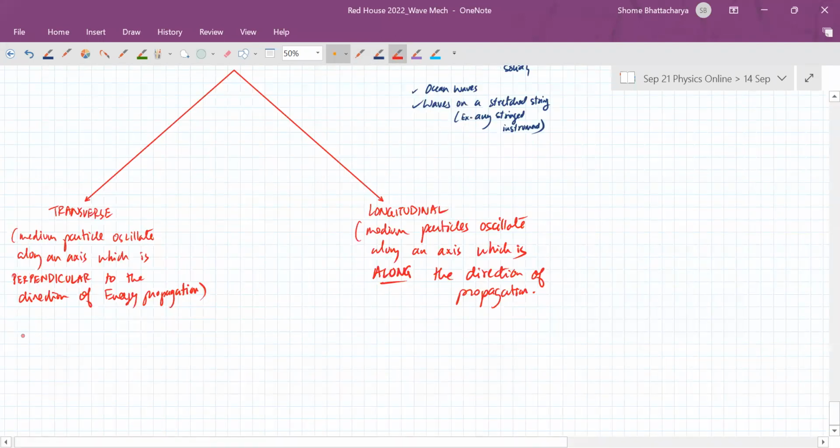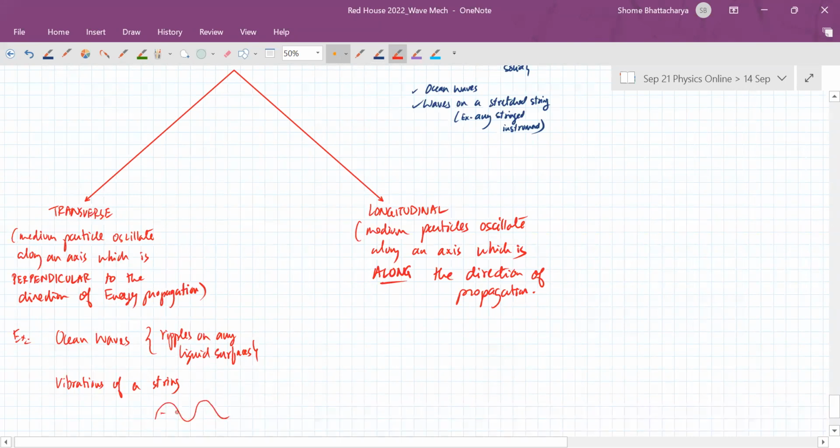Okay, so an example of transverse waves is ocean waves. By ocean waves, I'm covering the situation of ripples on any liquid surface also, not just the ocean waves, but also vibrations of a string. For example, if you visualize a wave propagating along a string, you see that the shape propagates like this.